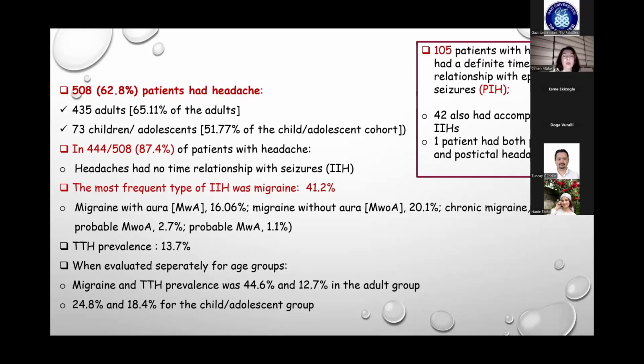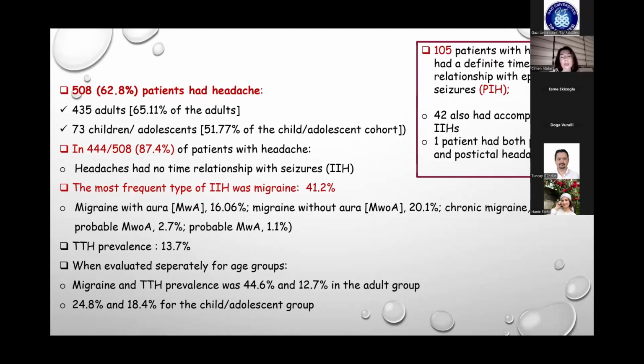The most frequent type of interictal headache was migraine with a prevalence of 41.2%. Migraine with aura, migraine without aura, and chronic migraine prevalences are shown here. And there were also tension type headache patients with a prevalence of 13.7%.